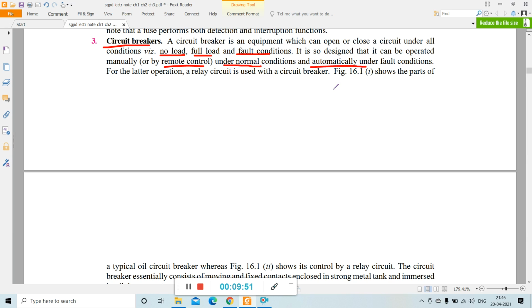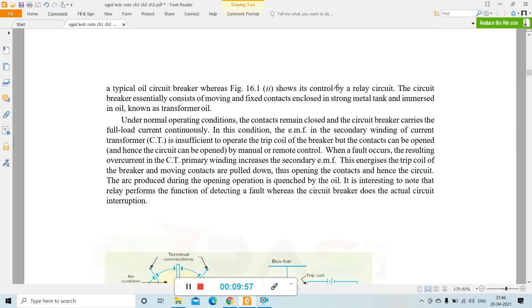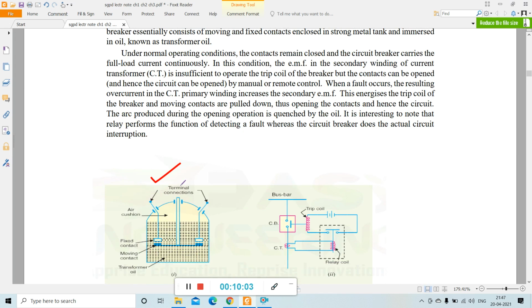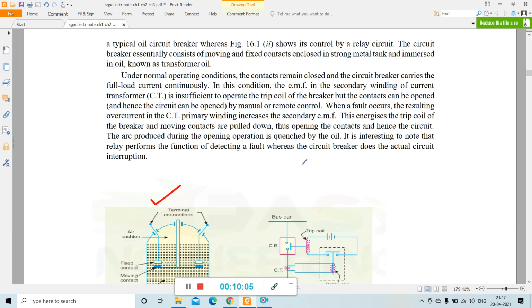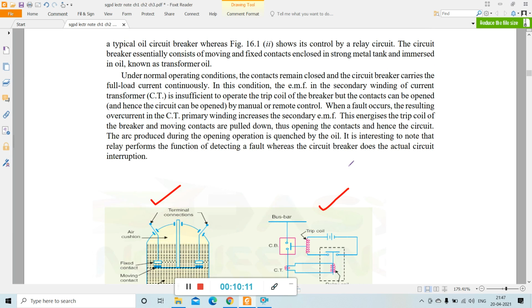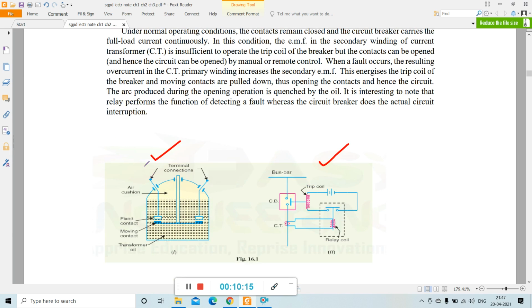Okay, so see, this diagram represents a typical oil circuit breaker. Okay, and this is a circuit diagram for circuit breaker which is operated by relay circuit. Okay, so see how it operates.